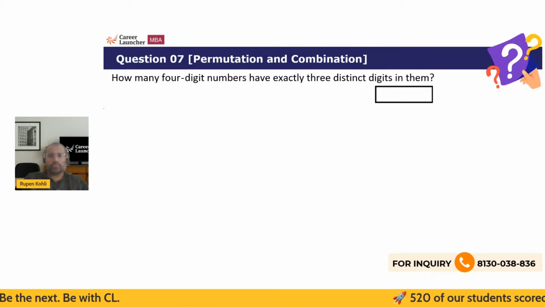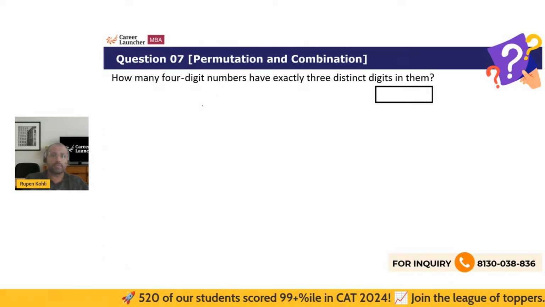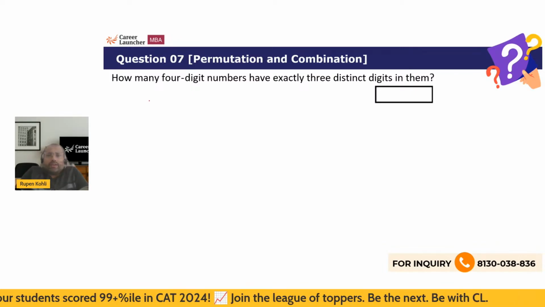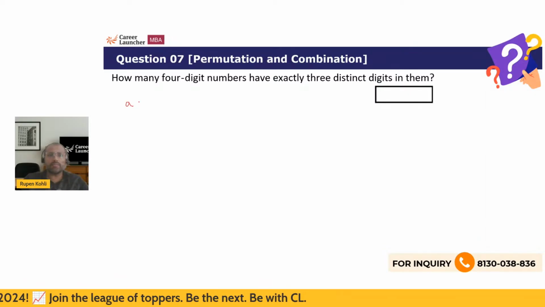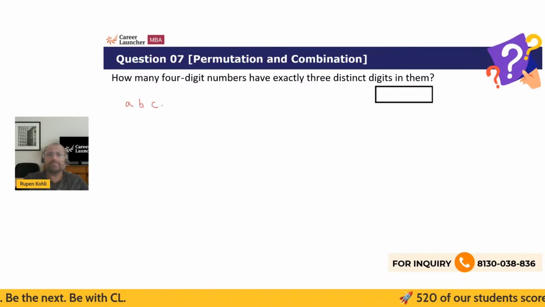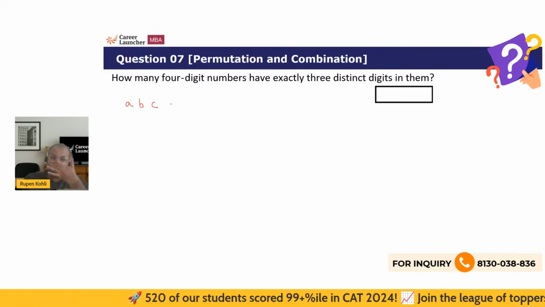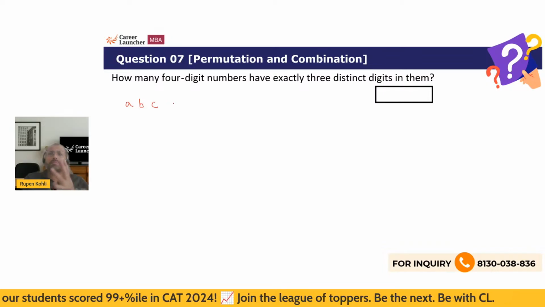Okay, while you're trying, let me start. We need to have 3 digits in a 4-digit number. Means the number is having digits like A, B, C, and then another digit which will be one out of A, B, C again. So it could be A, B, C, C, it could be A, B, B, C, something.